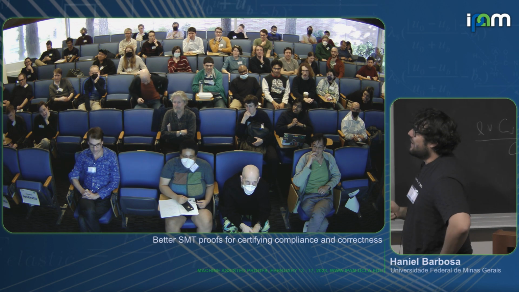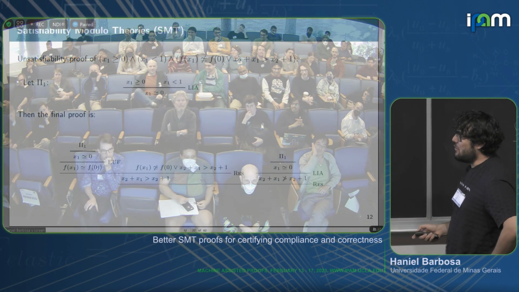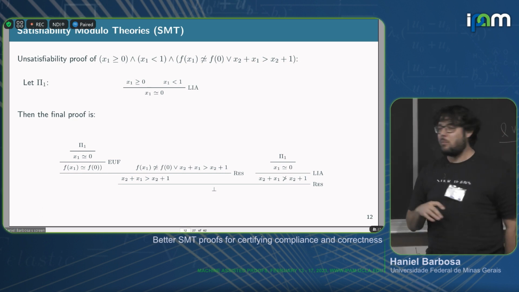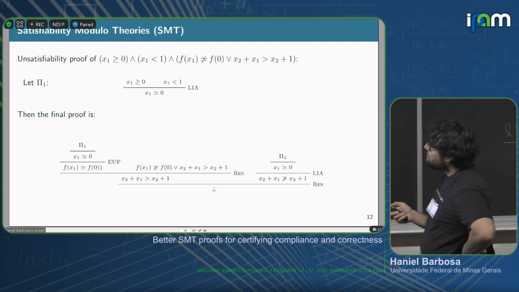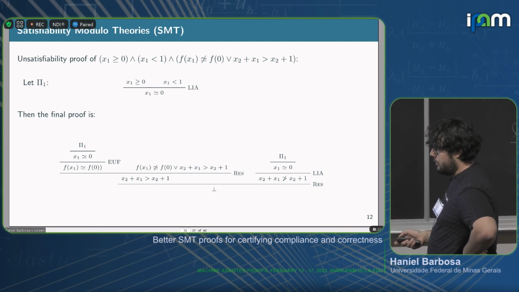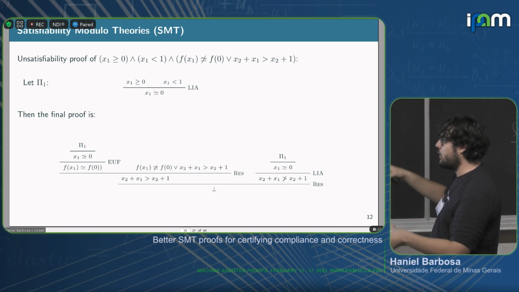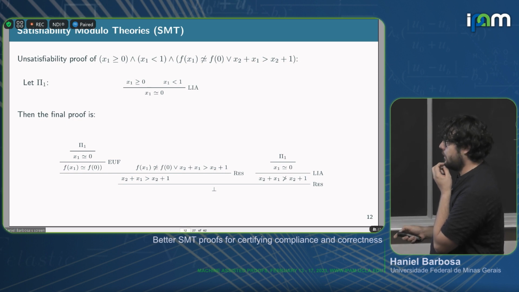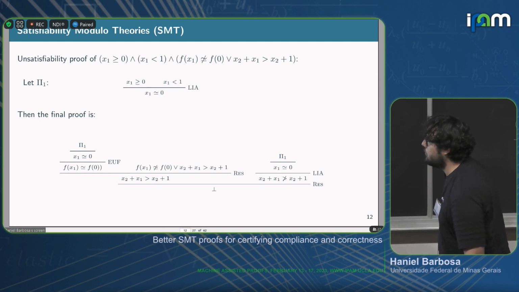Moving on. So this is how we would write a proof for the unsatisfiability of that problem. Here we now have more than resolution. As I said, we have the combination of these three things for that problem: the equality reasoning, the resolution reasoning for the propositional part, and the arithmetic reasoning that I called Pi1, such that things would fit.